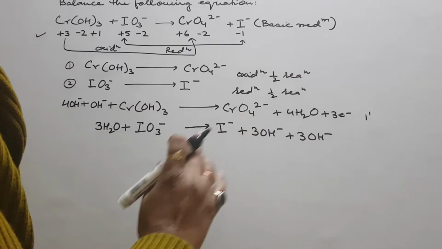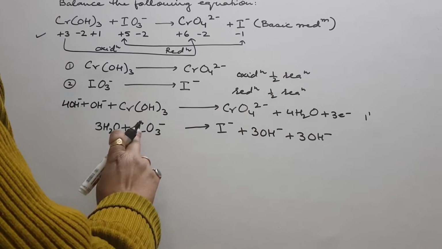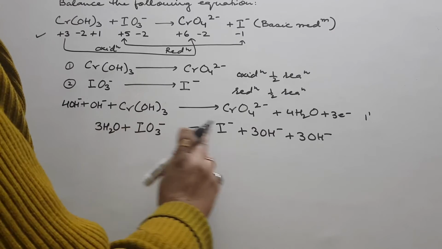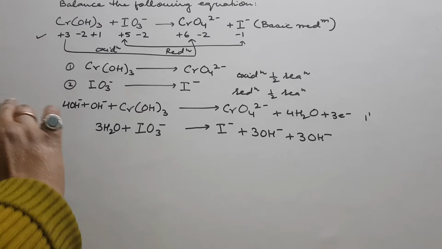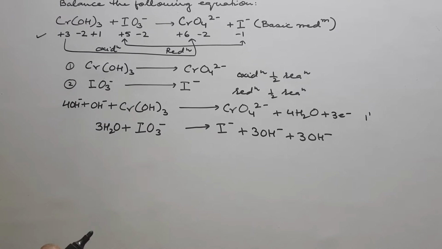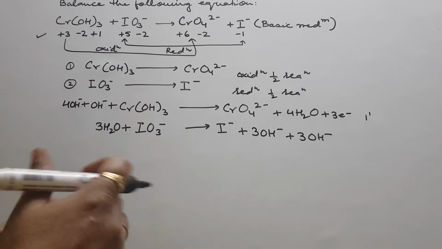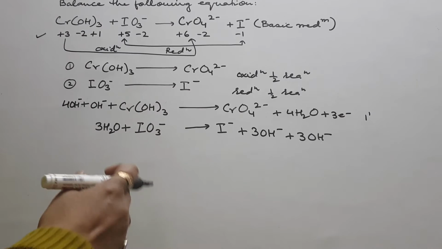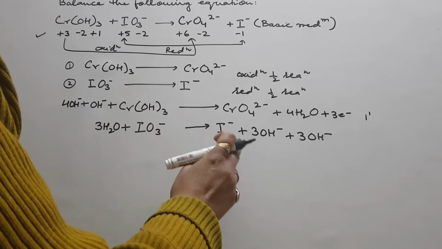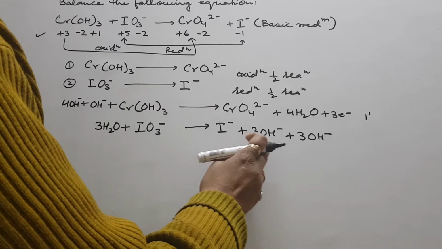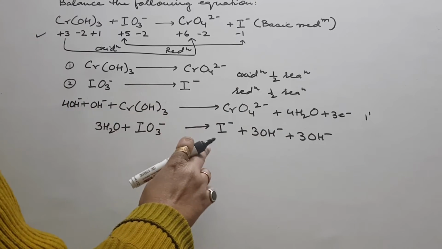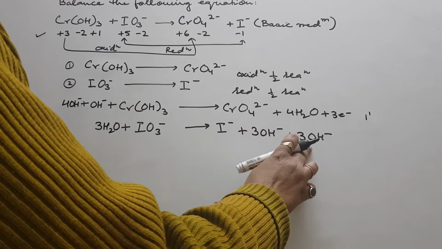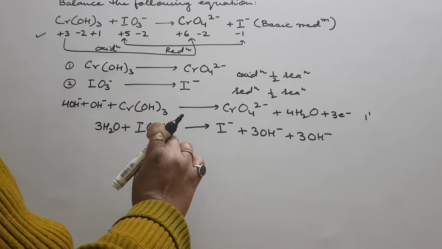Let us check once again. I balanced 3O and 3, 6 O's, 3 and 3, 6 O's balanced, 6H, 6H all balanced. So this equation is balanced in terms of all atoms. Now last thing, charges. Here I have got 1 minus, and here I have got 3 and 3, 6, so total 6 minus and 1 minus, 7 minus.